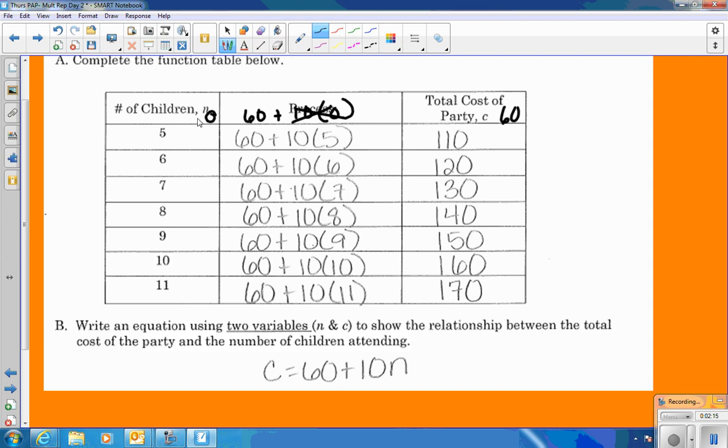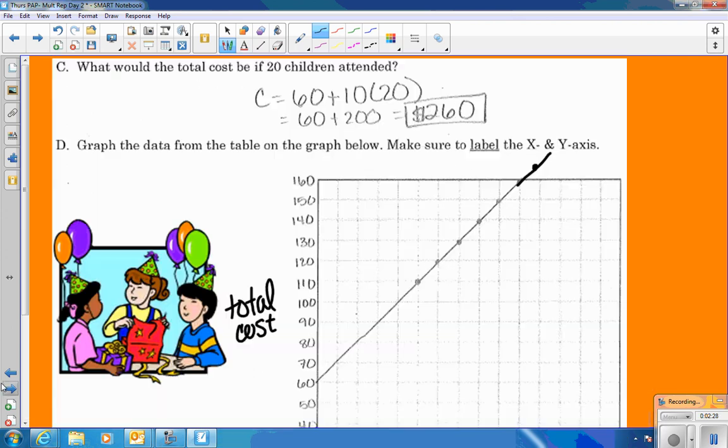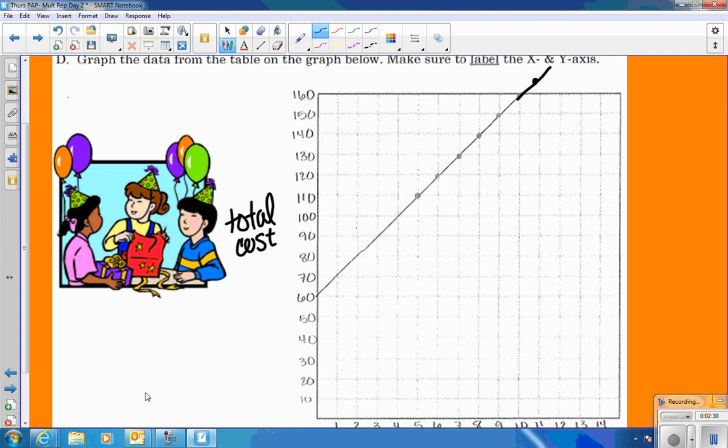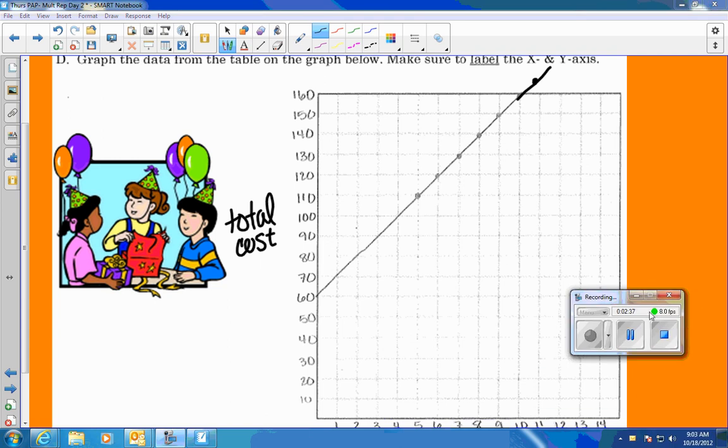So if you have an input of 0 and an output of something other than 0, it is non-proportional. You can tell from your equation because something is added or subtracted to the equation. And then again from your graph, notice how your graph does not start at 0. So that's how you determine a proportional versus non-proportional relationship.